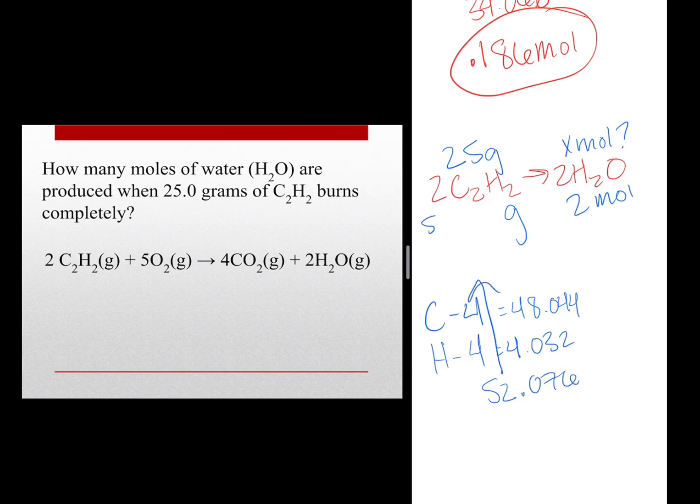If you get different numbers than I do, please let me know if I messed up. So now I'm ready to cross multiply and divide. I have 25 times 2, which is 50, divided by 52.076. And I got 0.96. I was looking for moles. That's my unit.